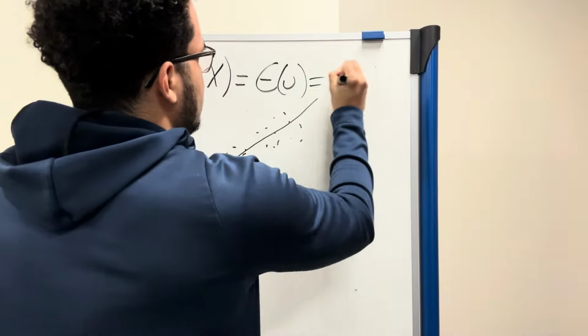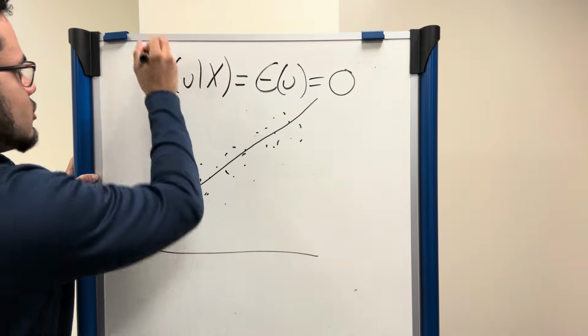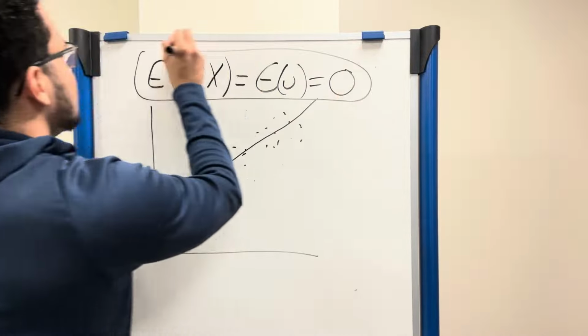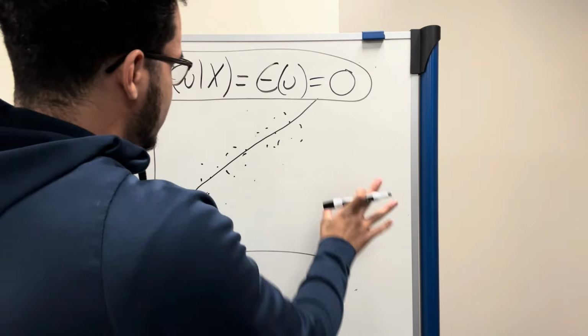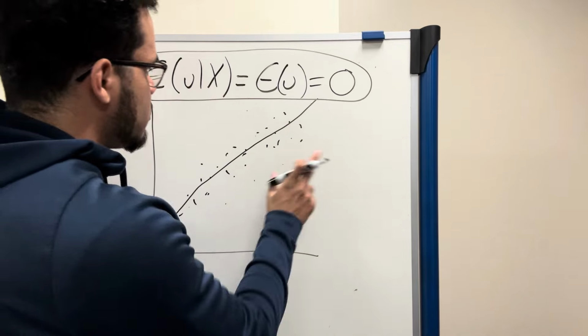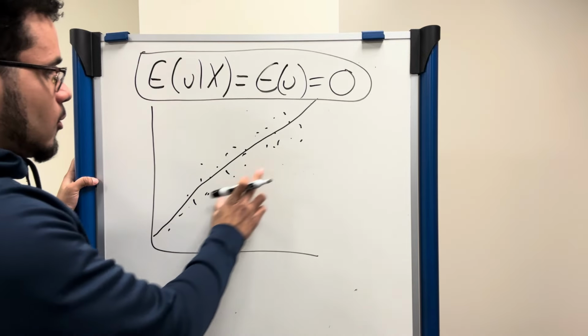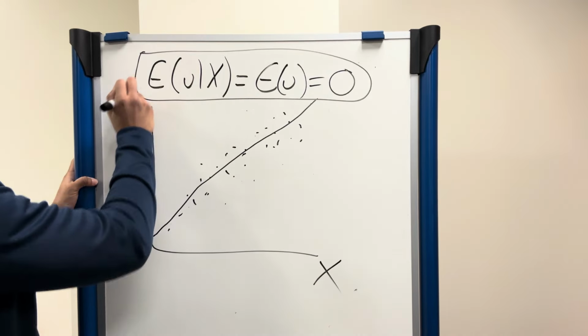So by extension, if I said the expected value of u equals 0, then all of this must equal 0. Just to review, we've normalized the distribution of the unobservables, and we're trying to make the unobservables orthogonal to x, which is years of schooling.